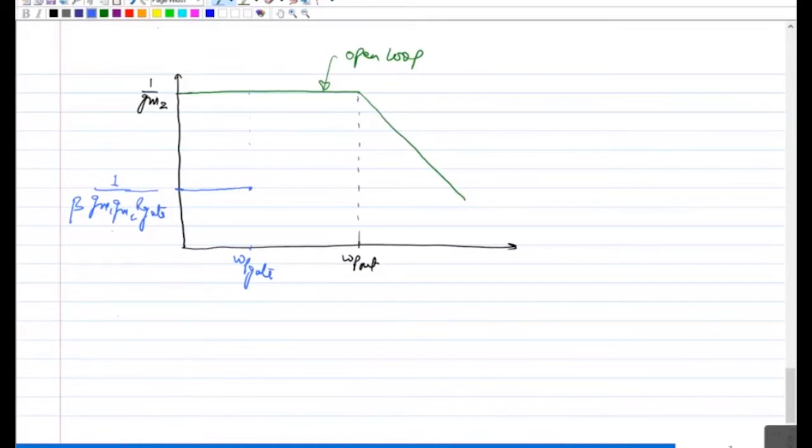Yeah, and let's say this is your omega UGB. If this is my omega UGB, so roughly, can you tell what will be the impedance around omega UGB?